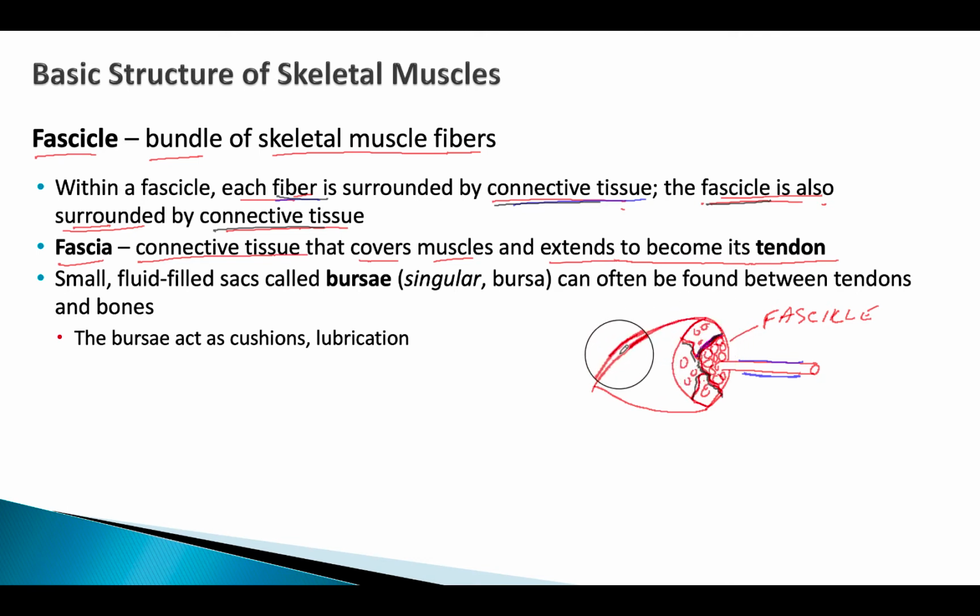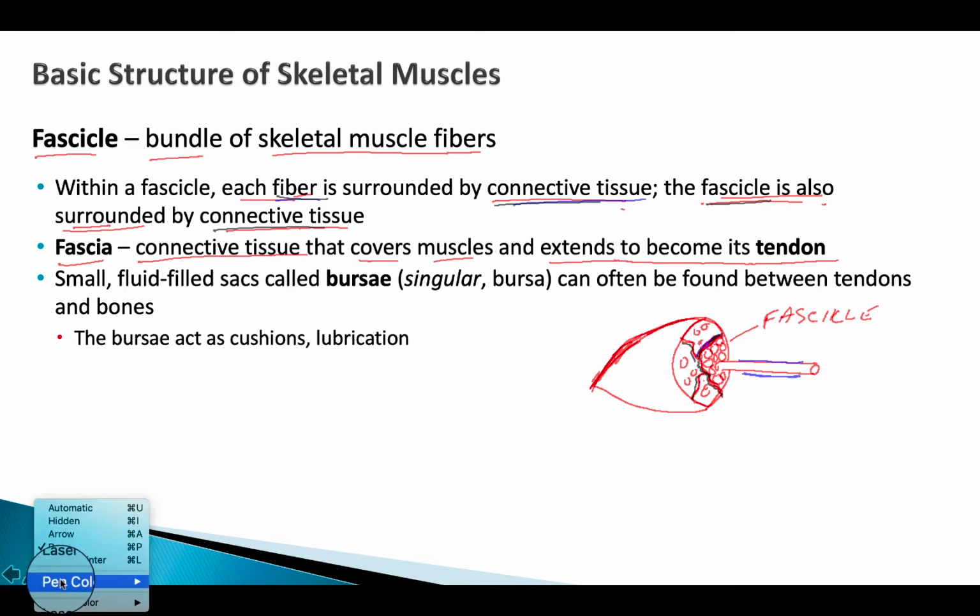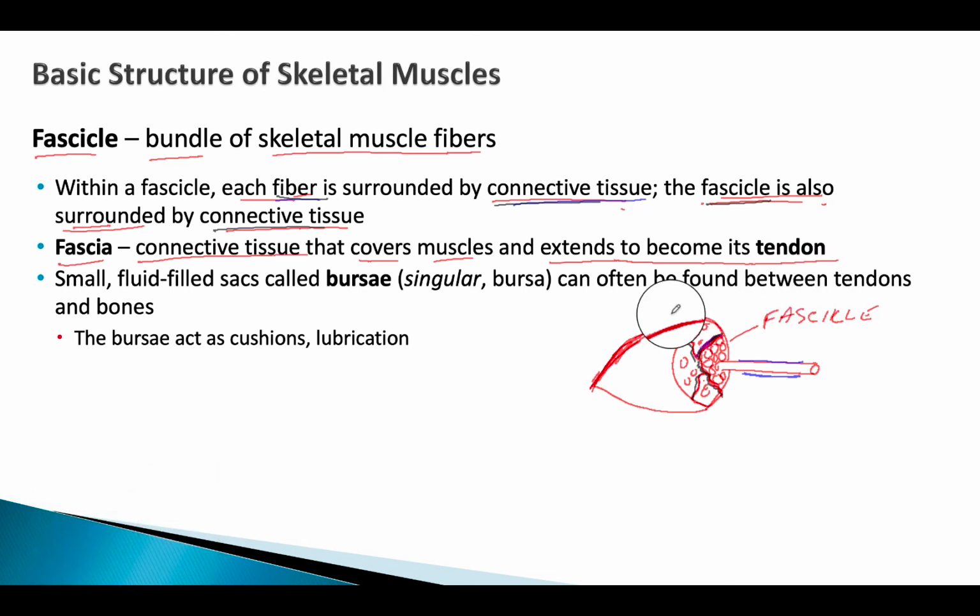And this is ultimately going to be covered by the fascia. So once again, let me pick another color here. This is going to represent a fascia. And this fascia is going to come together to ultimately become your tendon. So they will extend to become a tendon right there.